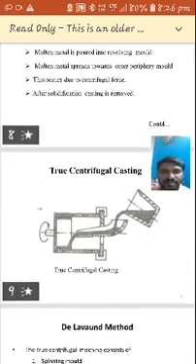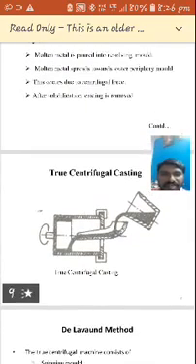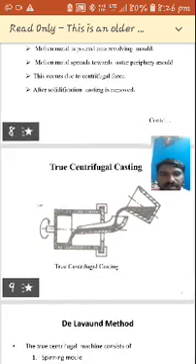Let's observe the true centrifugal casting figure. There is an axis, a shaft, and the shaft is rotated, so the complete mold is rotated. The ladle, or crucible, contains molten metal, which is poured into the revolving mold.